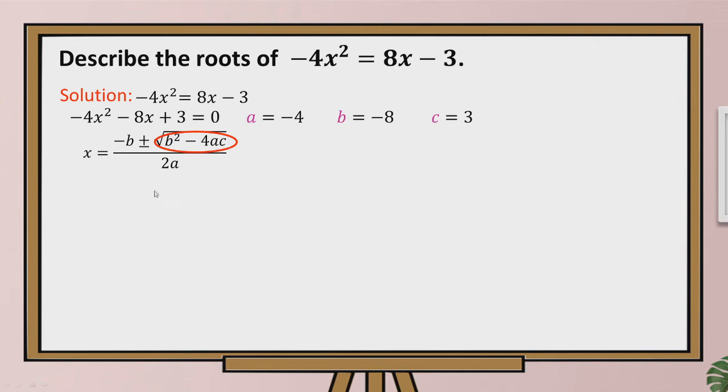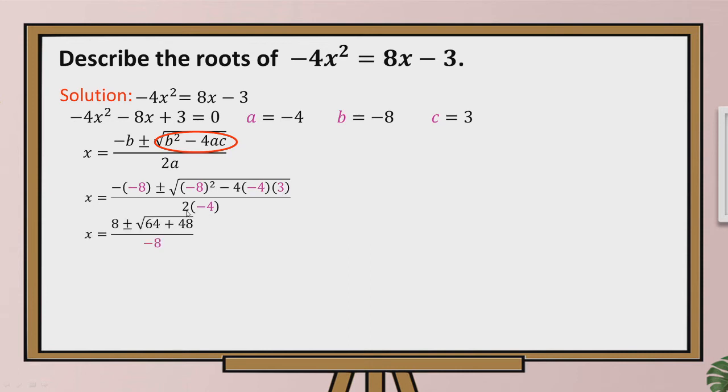Kaya to continue our solution, we will substitute these values to our quadratic formula and the resulting equation will be this one. So we have negative of negative 8 plus or minus square root of negative 8 squared minus 4 times negative 4 times 3 all over 2 times negative 4.